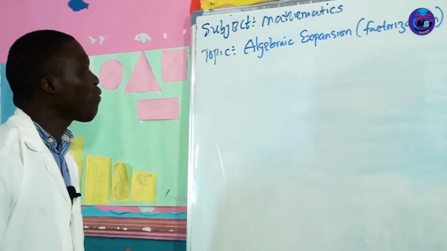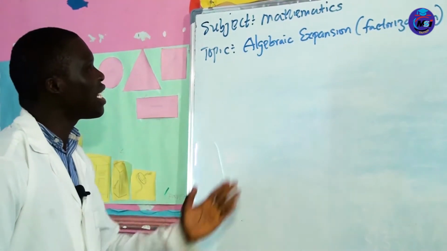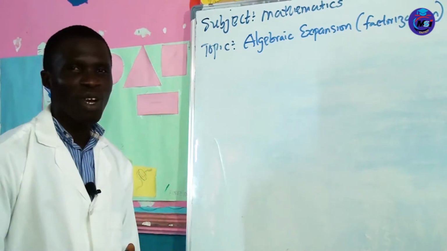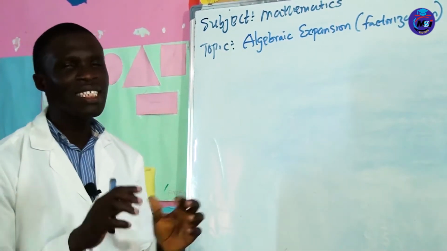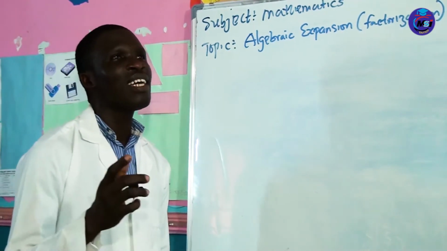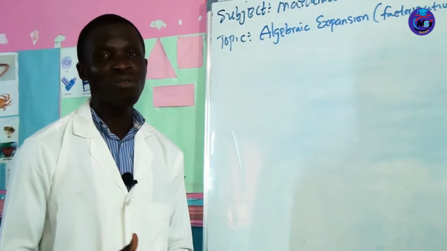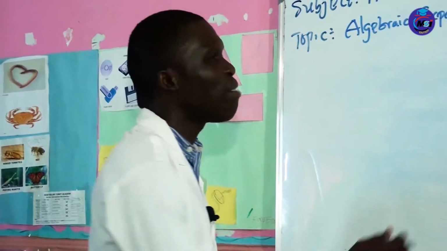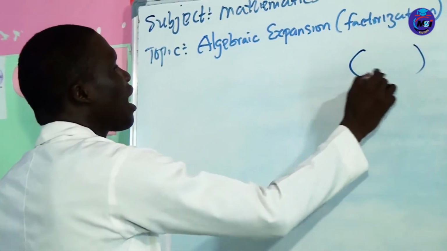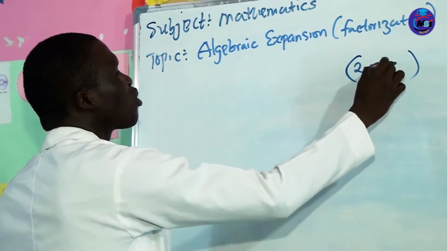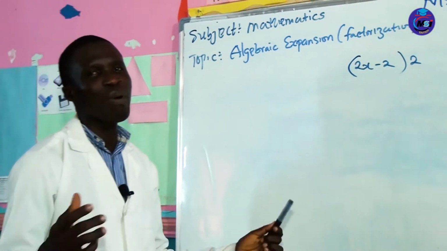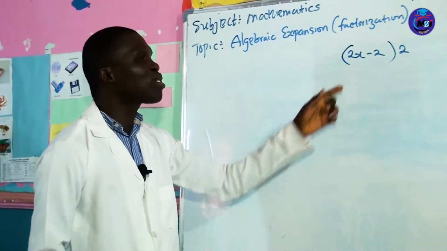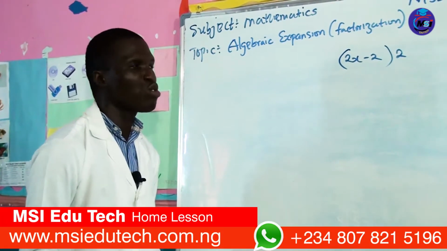Okay, now the first thing to consider is expansion. What do you mean by expansion? You have something inside a bracket, 2x minus 2, and you have something outside. Now we want to expand, we want to remove this bracket, and what are we going to do?